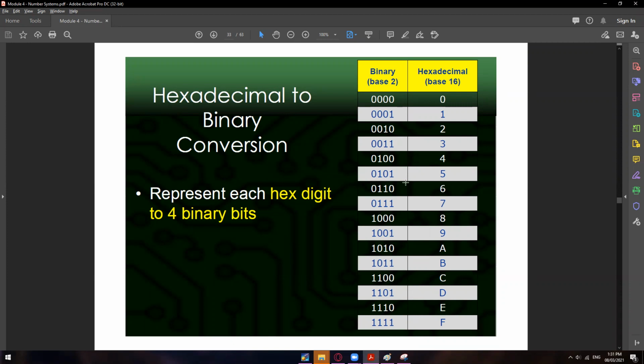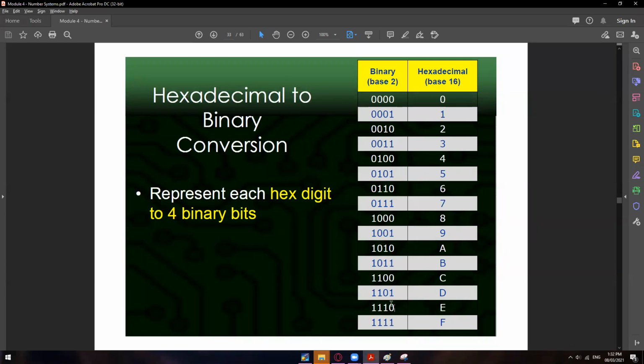So were you guys able to understand this one? Hexadecimal to binary conversion. You have already learned how to convert a decimal to binary, so reading this binary number is no problem anymore. So 1110.